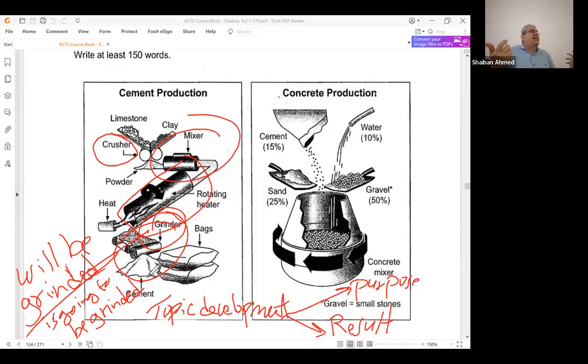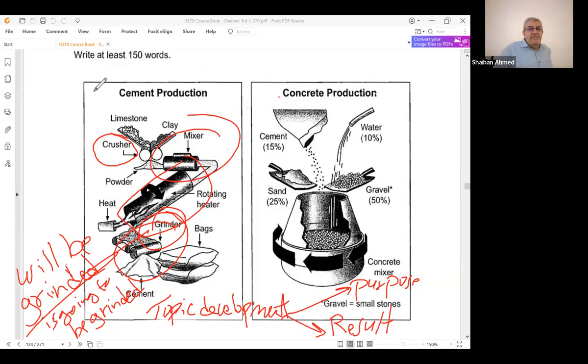Grinder. Yes. A crusher, you just crush them, but they are still rough. But grinder means to make a very fine powder, very soft, very good.